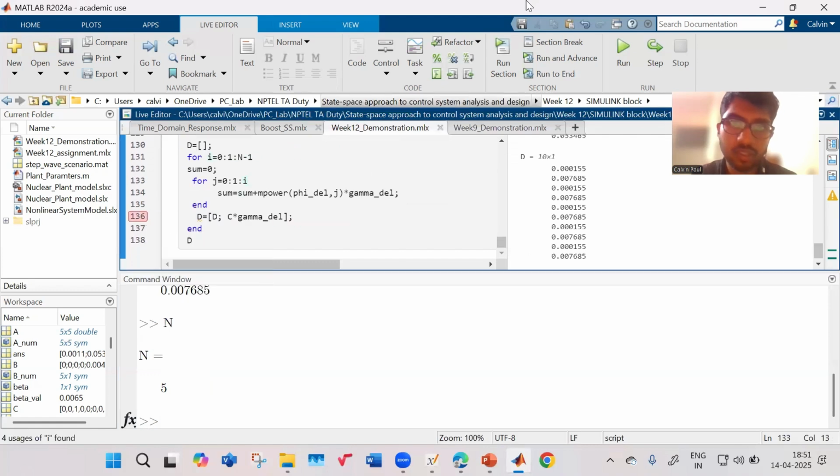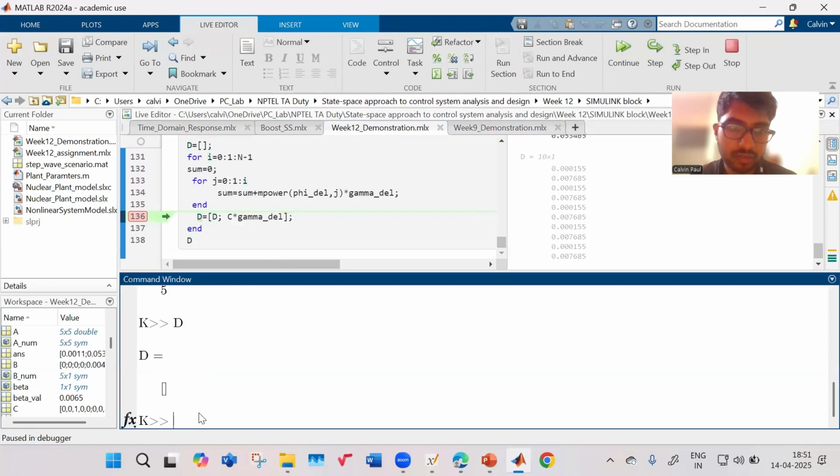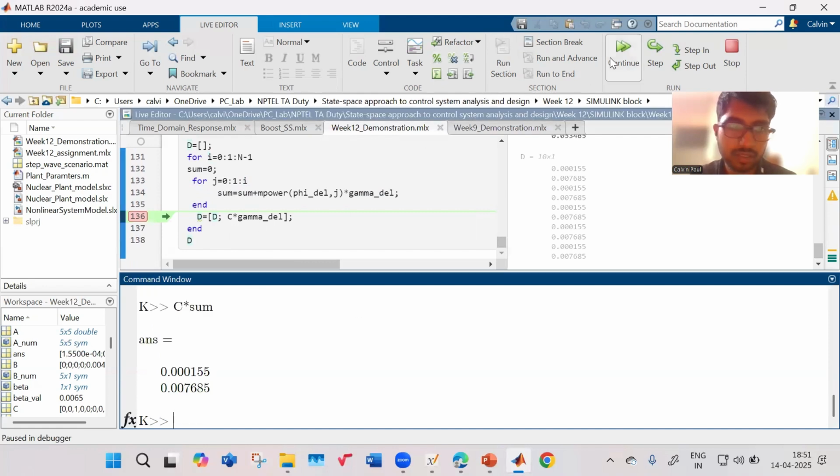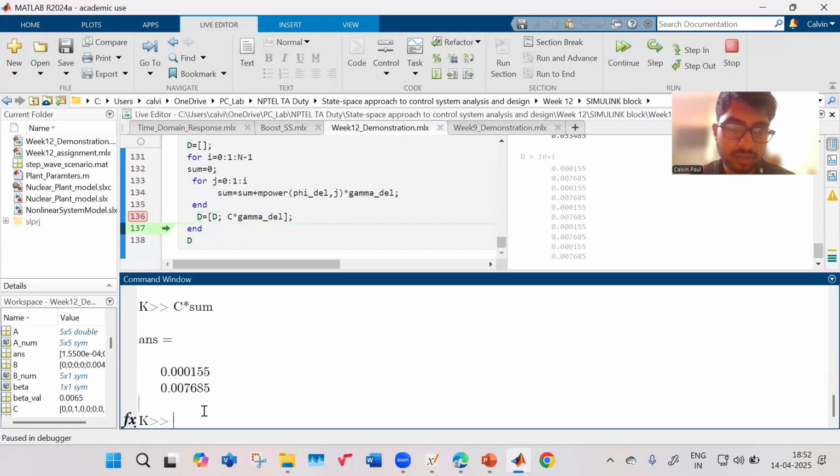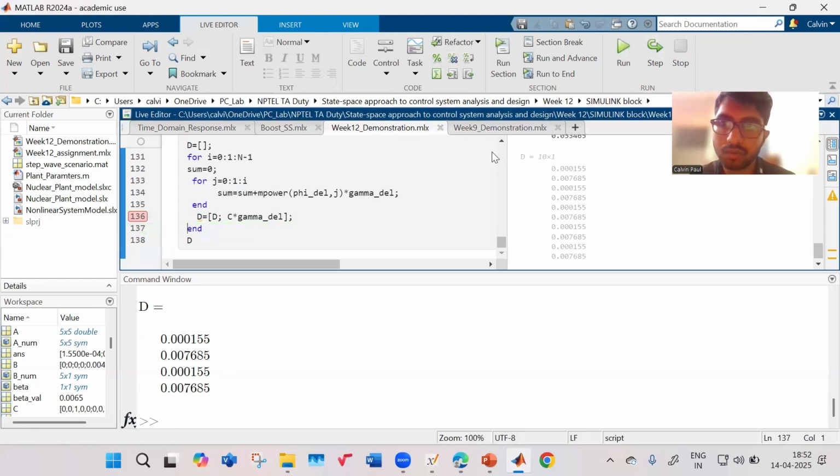So breakpoint. Let's run this section. So at this time, what is my D? D is this, and what is my sum? Sum is this. So C into sum comes out to be like this. Okay. Let us continue. Please let it run the next line. And what is my D? Stop. Let me run this section.